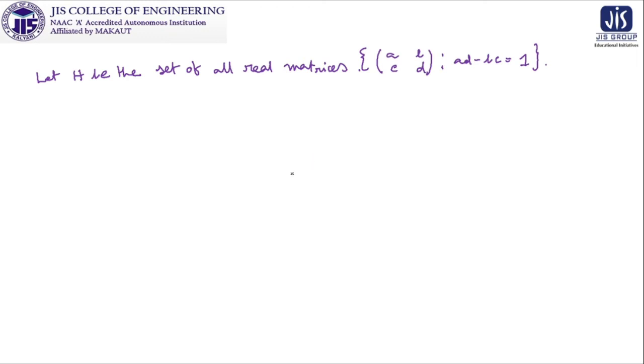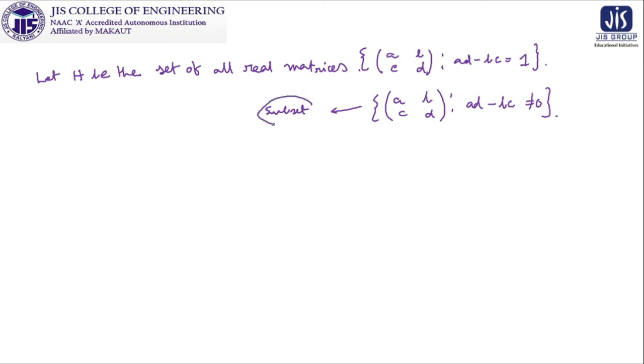Now we can show that it is a subgroup of GL2R. GL2R means the group of all real non-singular matrices of order 2. Here the determinant is specified as 1, so it is a special case and it is going to be a subset.